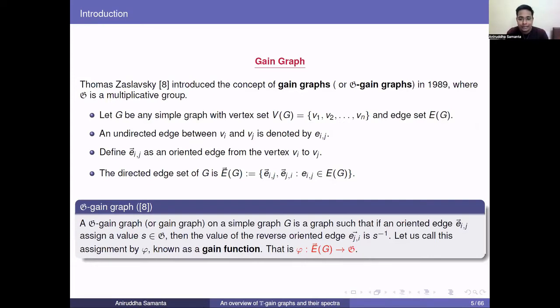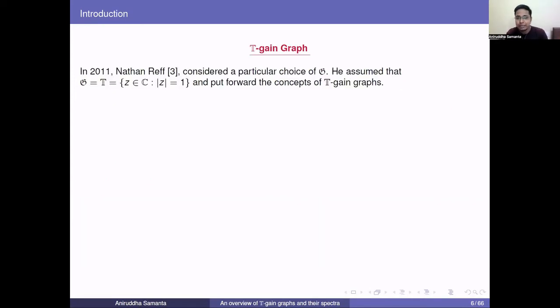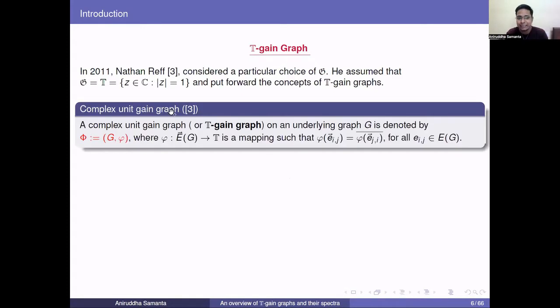Later, in 2011, Reff considered a particular choice of G. He assumed G to be the unit circle, call it T, and put forward the concept of T-gain graph. So what is a T-gain graph here?